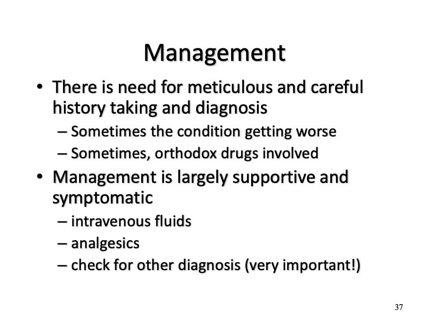And just to reiterate, very good supportive and symptomatic therapy is what is required. Looking at whether there is dehydration, then you give intravenous fluids. If there's pain, you give analgesics. You make sure all the vitals are good and fine, and then you check for other diagnoses. So really nothing very specific, but things which are quite generic and general.